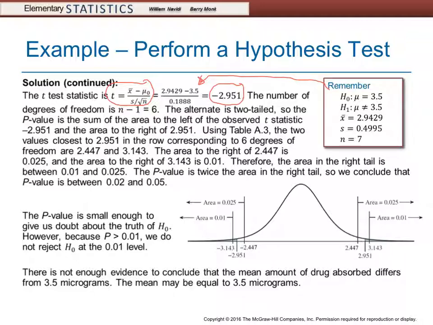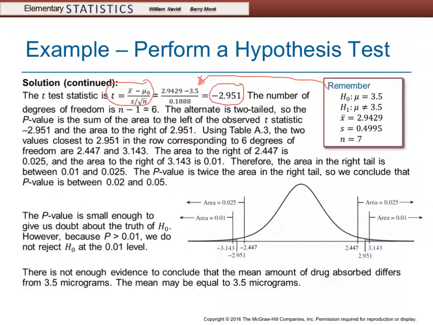So the area to the right of 2.447 is 0.025, and the area to the right of 3.143 is 0.01. Therefore, the area in the right tail is between 0.01 and 0.025.